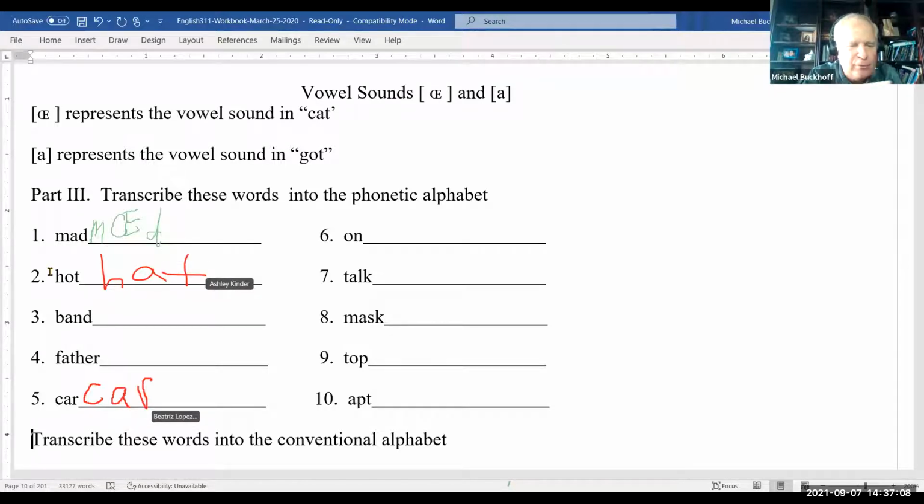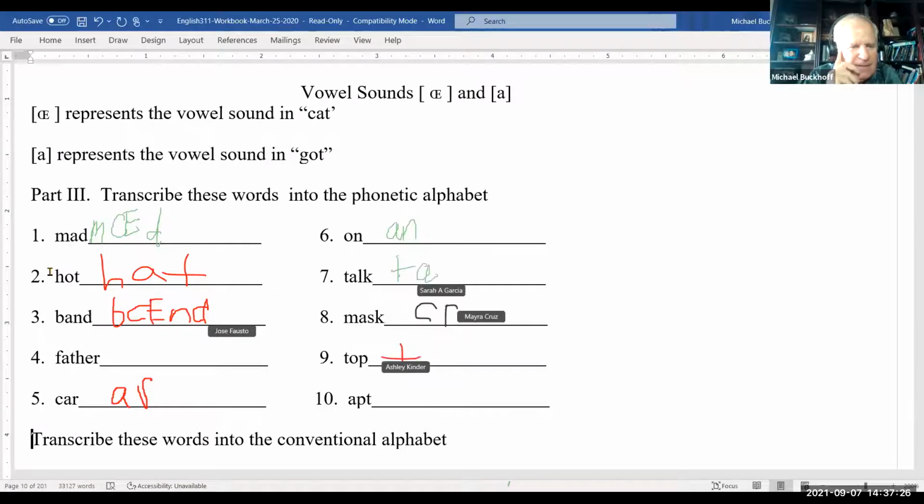Check number 5. There's no C. Remember, we don't use C as an IPA symbol. What is the sound for the k? Car. Band.